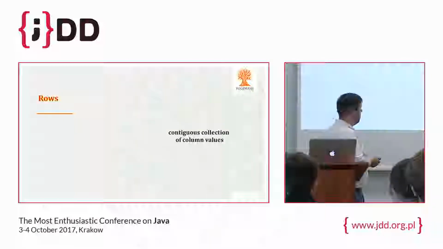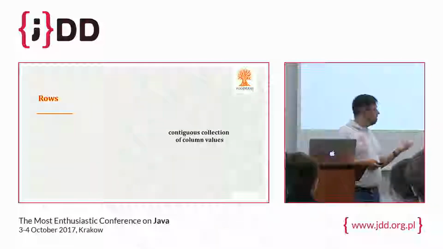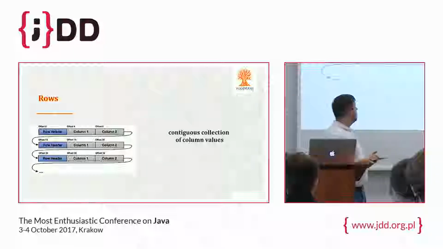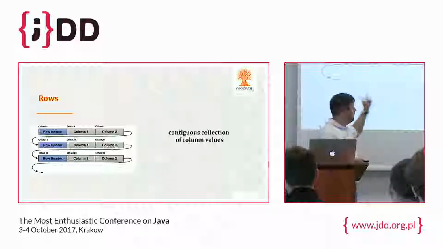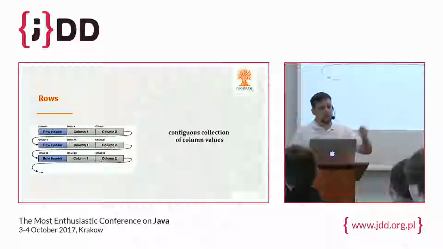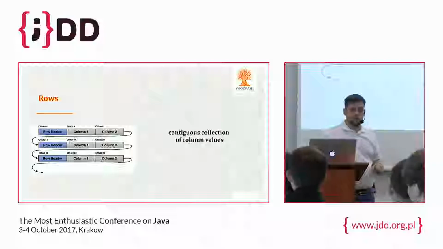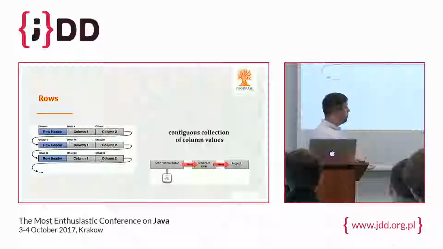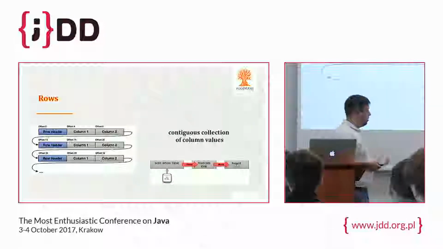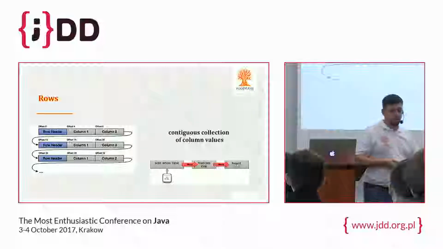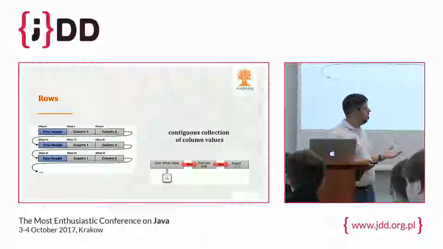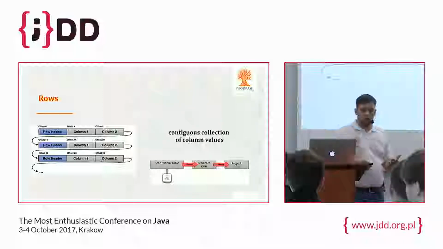First of all, what are rows? Rows are a continuous collection of column values. So we're storing, like in our Excel file, rows where all column values are stored one after another. When we want to query this data, we need to read the whole thing, then apply the predicate, so filter out what we actually need, especially when we need only a few columns.